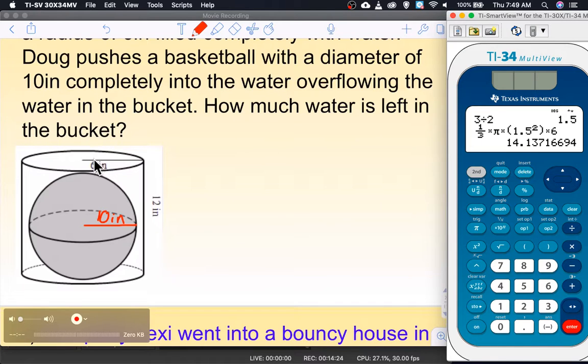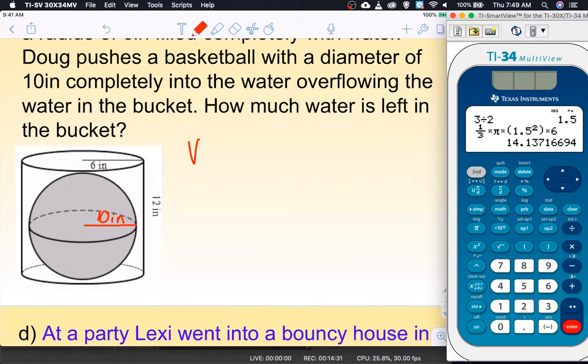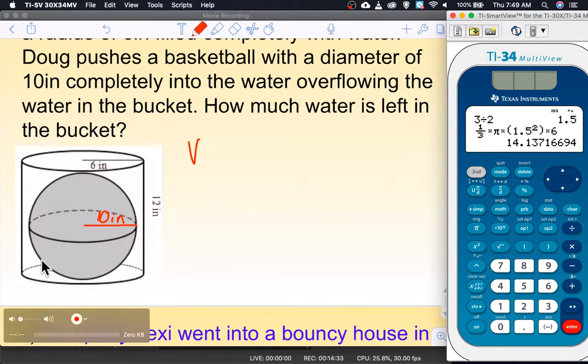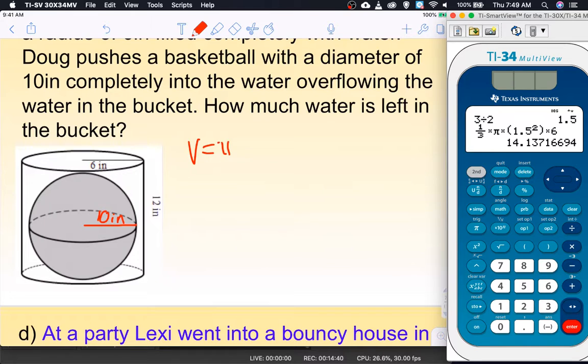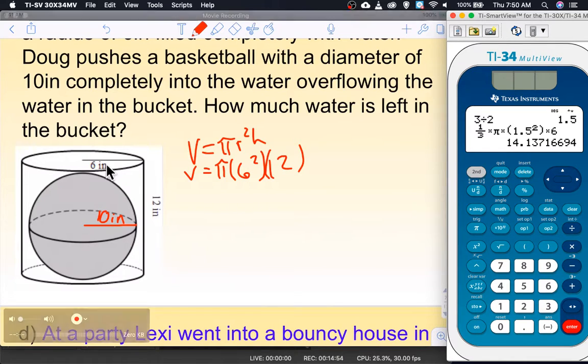Now, if you think about this, originally, the volume of the water would have been the volume of the cylinder, because if this bucket, the cylinder, was filled completely up, we would have a volume of V equals pi r squared h, with our 6 as our radius, our 12 as our height. That's how much water would have been in the bucket originally.